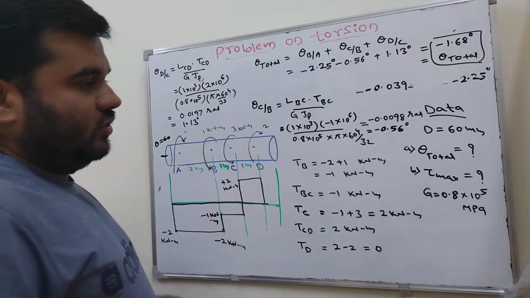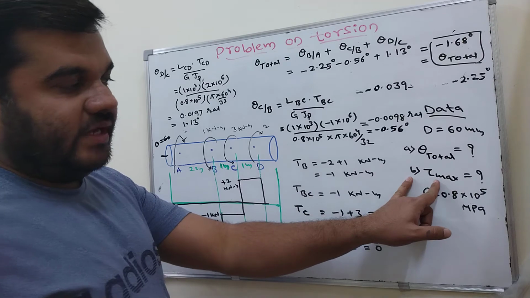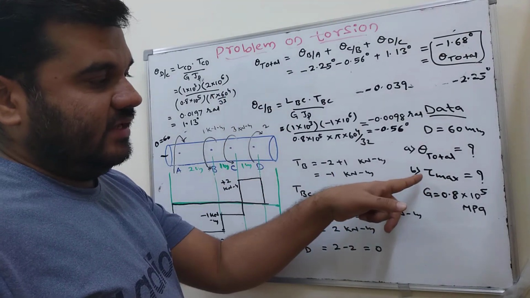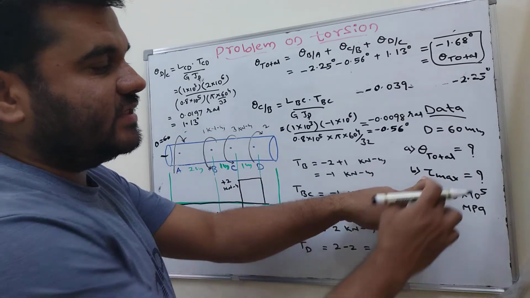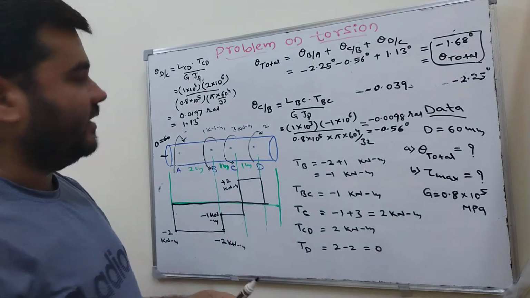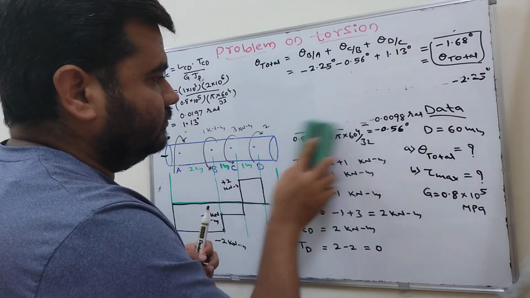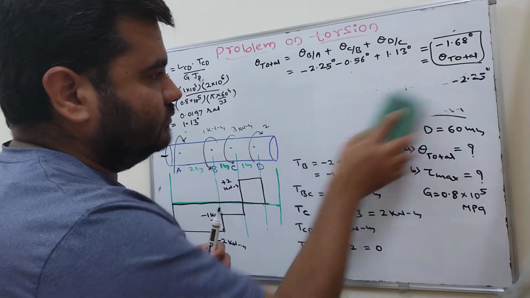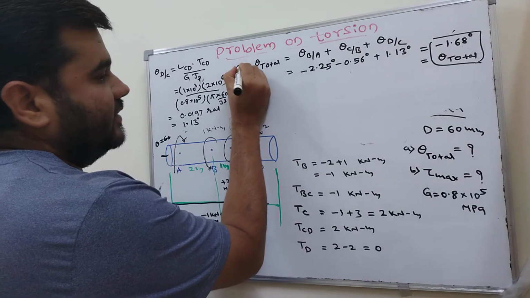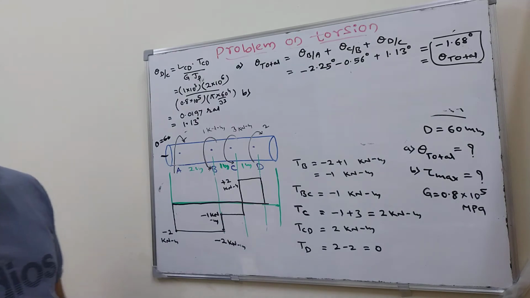Okay, so now for the second bit, he is asking the maximum shear stress in each section. If you read the problem in the beginning, he has asked for the maximum shear stress in each section. Here how much, here how much, here how much, that we will calculate now. Now the first bit is done, and for the second bit, what is the formula we can use here?